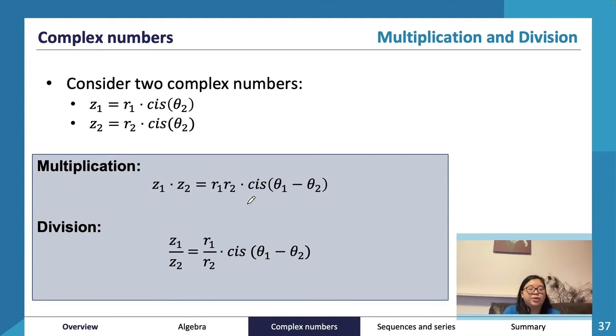So our alternative to make that less gross is to use polar form. z1 times z2 will give us r1 r2 times cis of theta1 plus theta2. So we multiply the moduli and add the angles, and when we divide, we divide the modulus and subtract the angles.